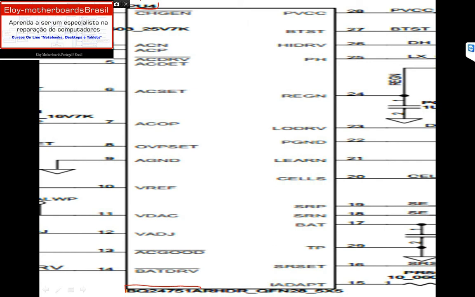Next, pin 5. What is pin 5, AC det or AC detect? This pin will sense that the adapter, the DC jack adapter, is inserted.